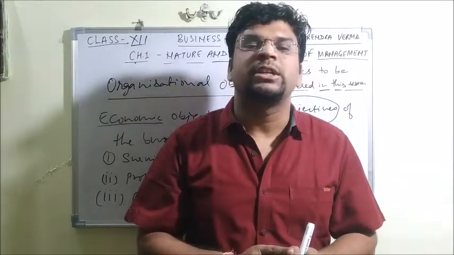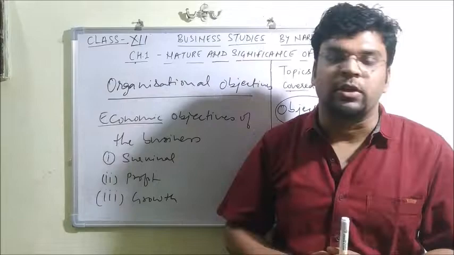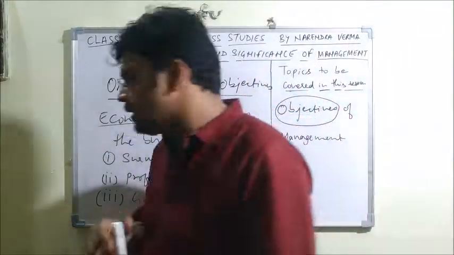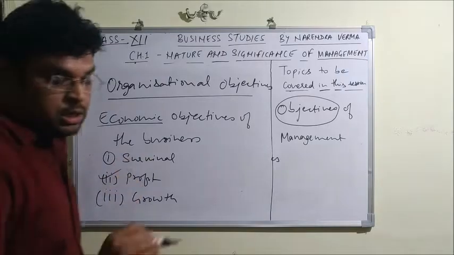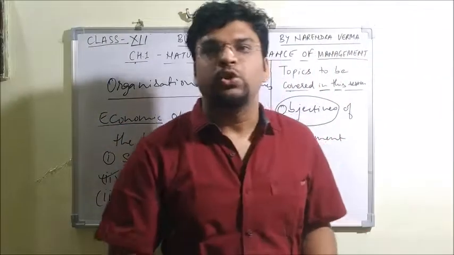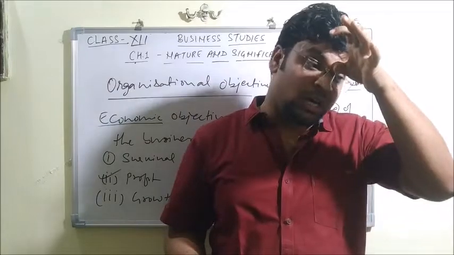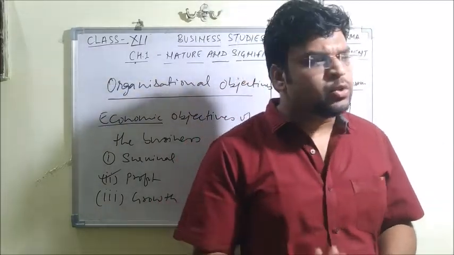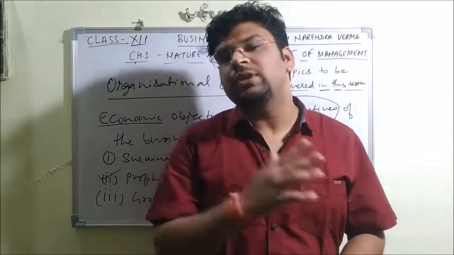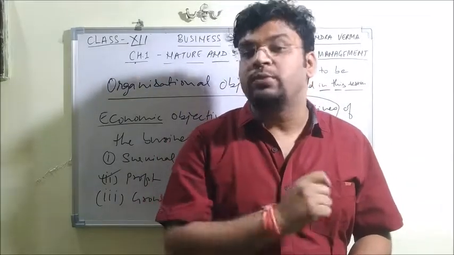So the very first objective of management is this, survival. You will have to survive in the market, right? Now, the next part of this is profit. Say, for example, you have enough money to run a business even without profit for 20 days, 30 days, and after that you will have to earn profit.